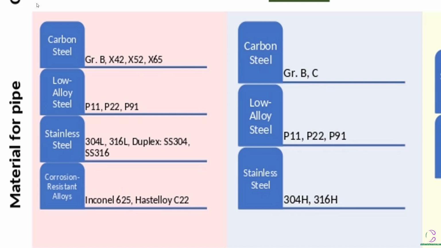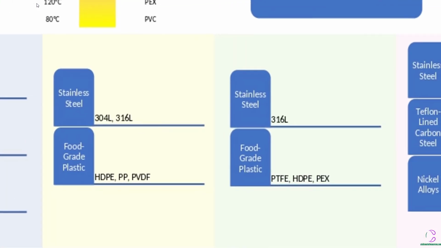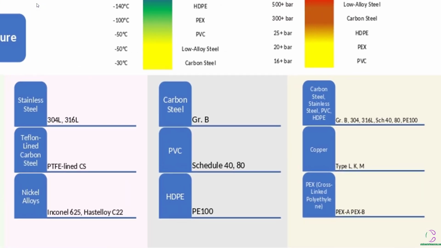So for the power industry, you have carbon steel grade B and C, low alloy steel, as well as stainless steel. For the drinks and beverage, you have stainless steel and food grade plastic, and stainless steel and food grade plastic again for the food industry. So we move on, we have the chemical industry. And because you have chemicals, you can't be using carbon steel because of the high requirement of resistance to corrosion.